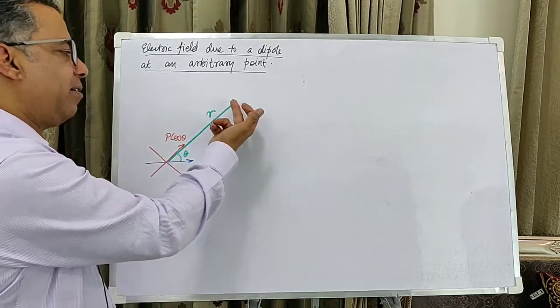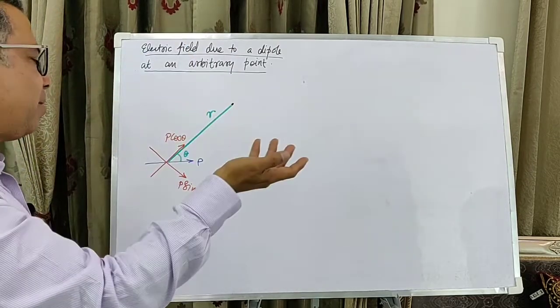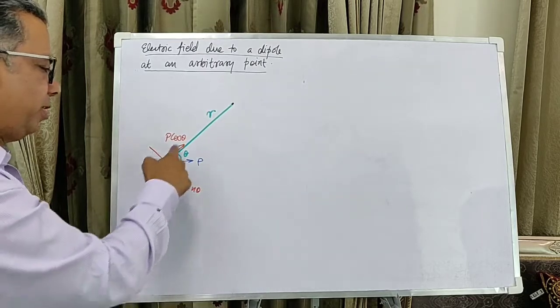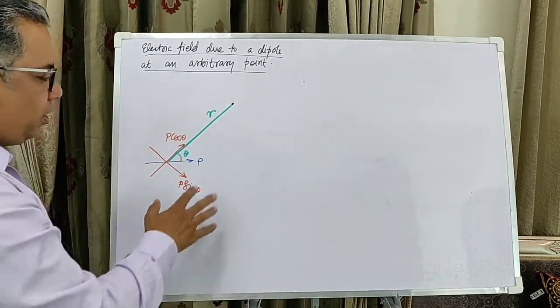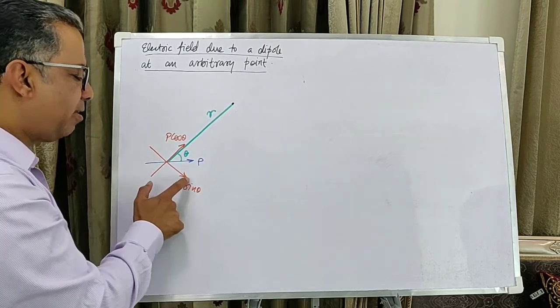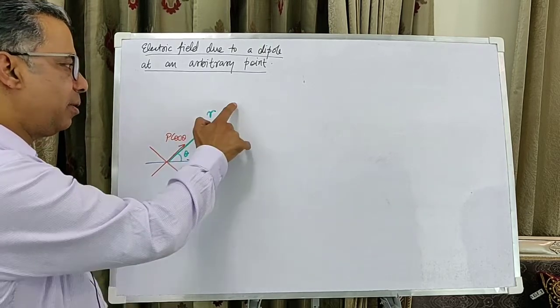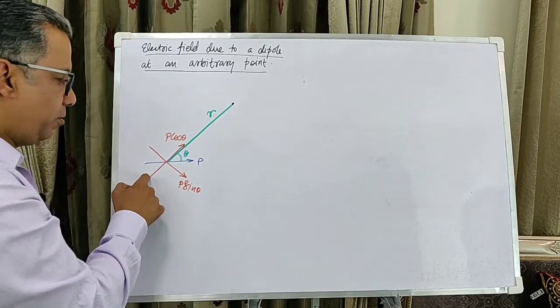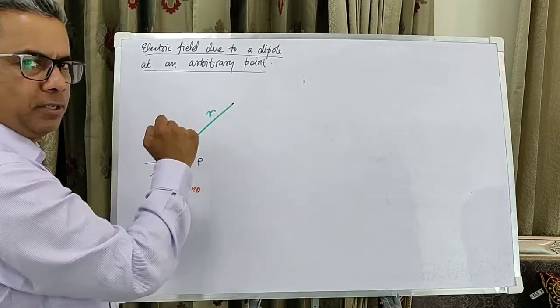Now, the net electric field at the point will be a vector sum of the electric fields due to these two. So this vector is made up of these two vectors. I am calculating the electric field due to this one at this point and the electric field due to this p cos theta at this point.